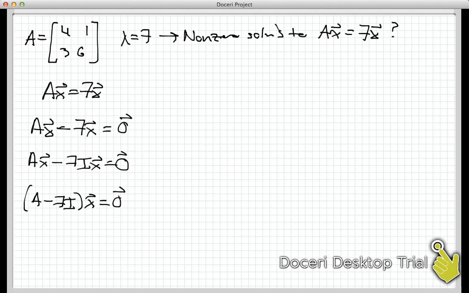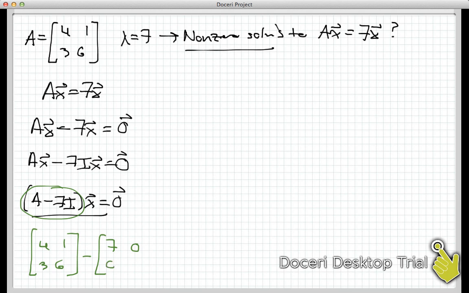And now I'm asking myself, are there any non-zero solutions to this homogeneous equation? So that's where it became important to look at the coefficient matrix right here, A minus 7I. So this is 4, 1, 3, 6, minus, now 7 times the identity matrix is 7, 0, 0, 7. And let's just compute what that is. That is going to give me minus 3, 1, 3, minus 1. And this is supposed to be a plus up here.